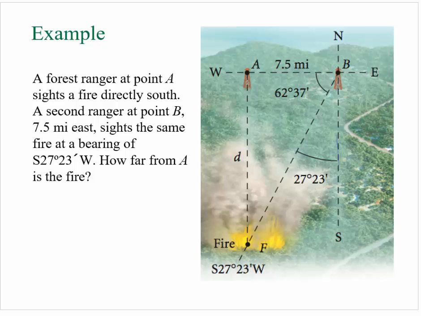So south is looking down, and that means that if we rotate to the left, then that's 27 degrees 23 minutes. Now, to find out what this angle here is, because that's the inside of the triangle, we're just going to take 90 degrees and subtract 27 degrees 23 minutes, which gives us 62 degrees and 37 minutes.